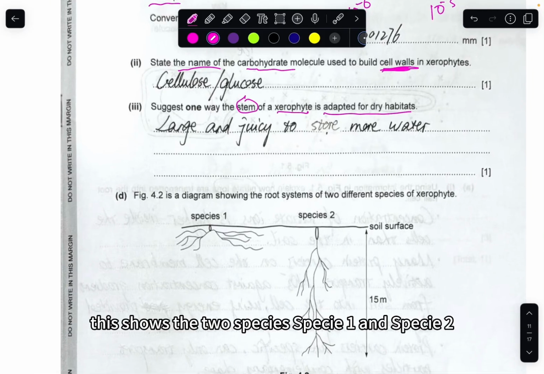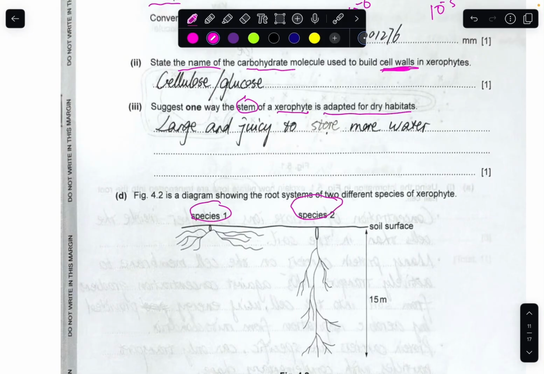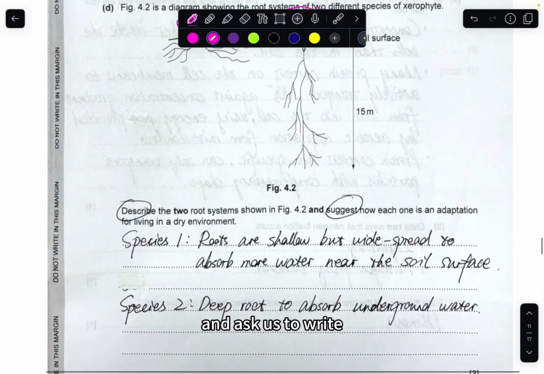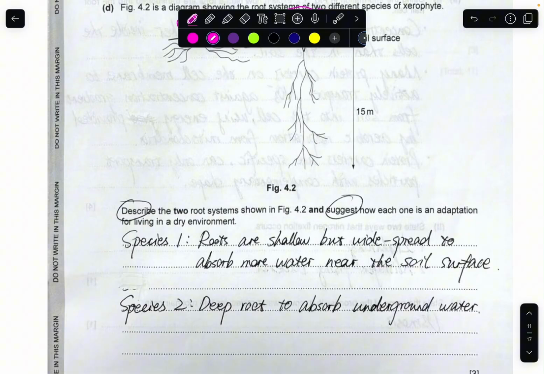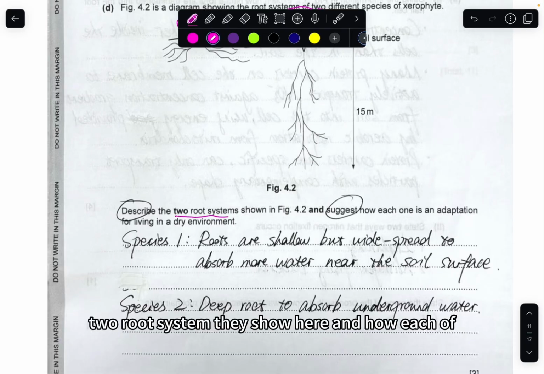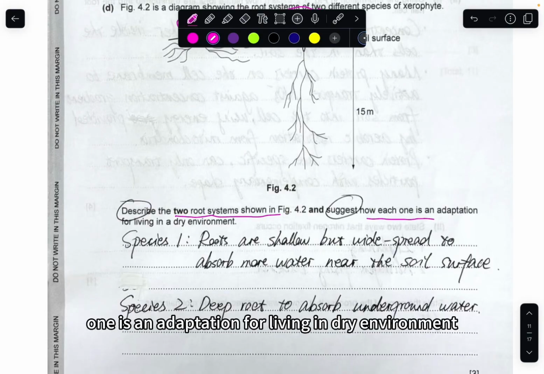The next shows two species, species 1 and species 2, and asks us to write about the two root systems shown here, and how each one is an adaptation for living in a dry environment.